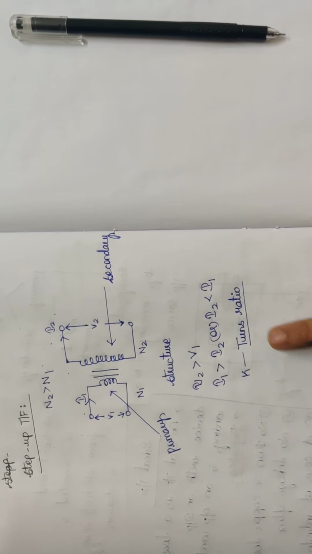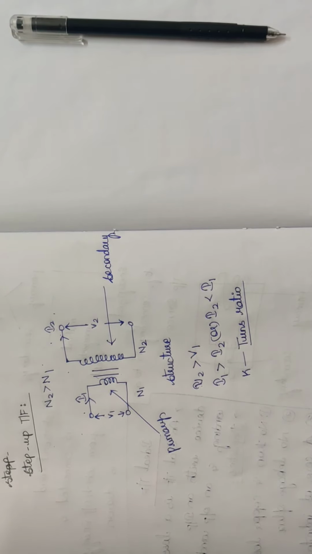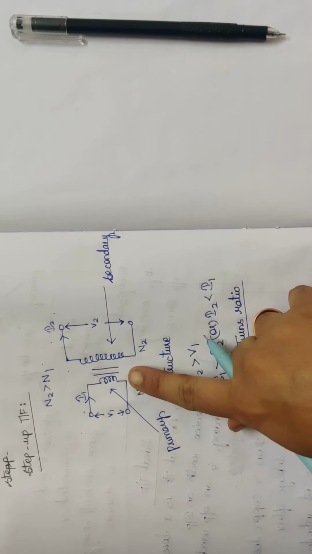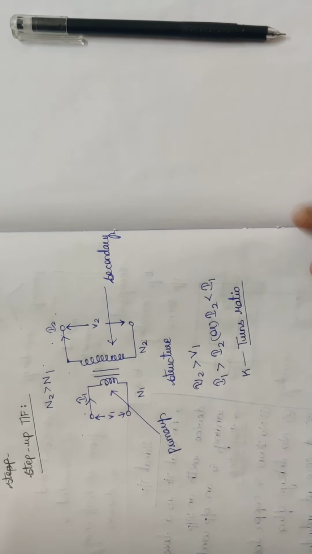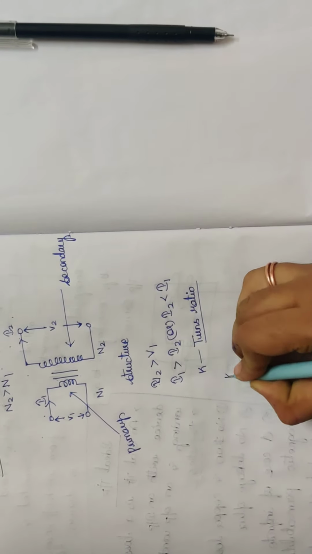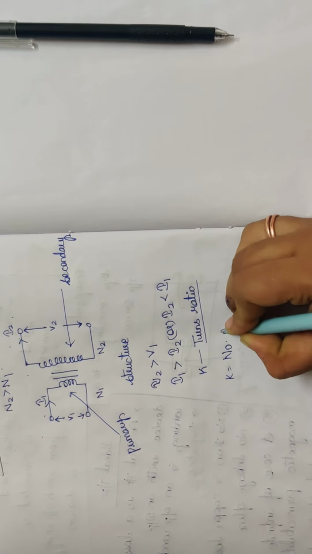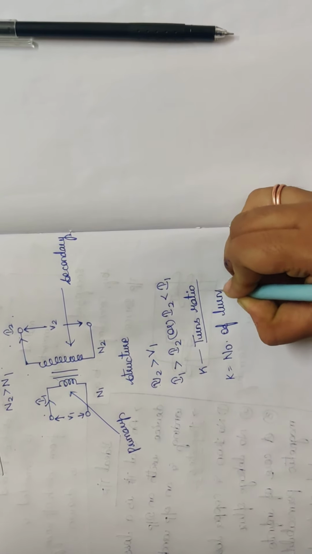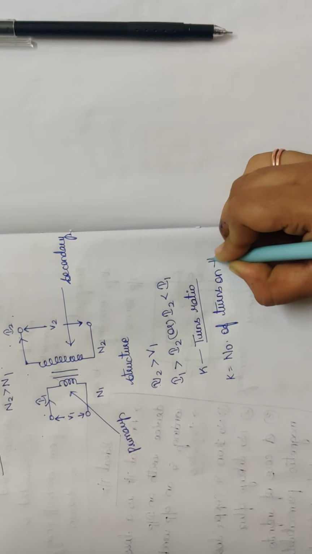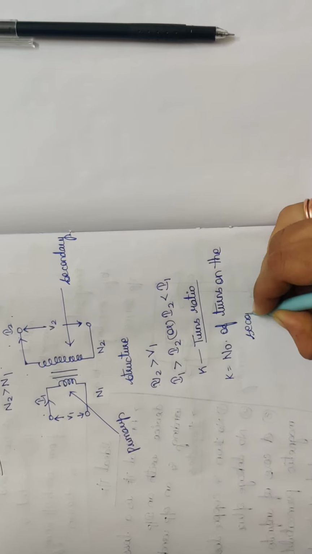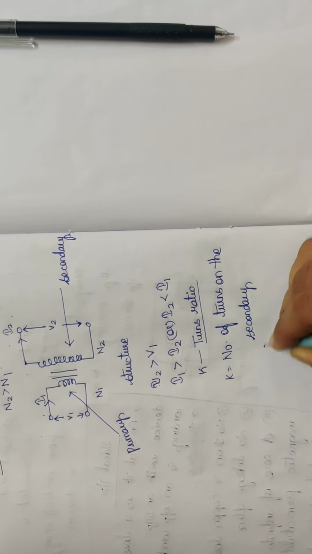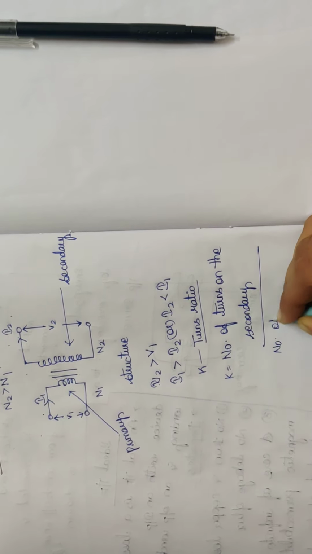Next, you need to understand how we define this turns ratio. The ratio of the number of turns on the wire of the secondary winding to the number of turns on the wire of the primary winding is given as the turns ratio, that is, K is equal to N2 by N1, number of turns on the secondary by number of turns on the primary.